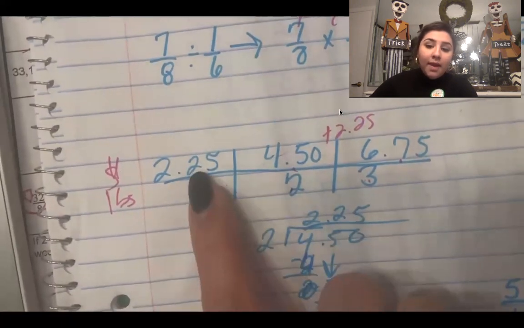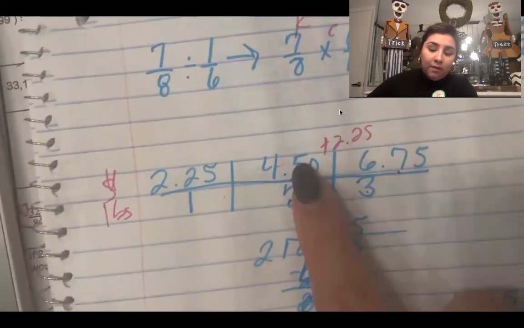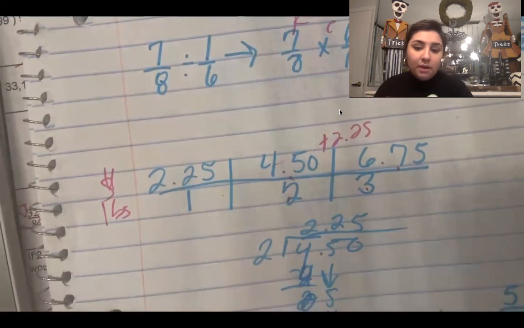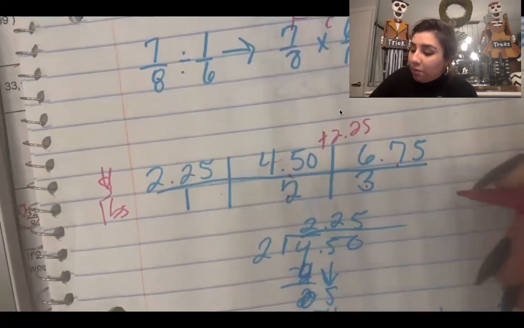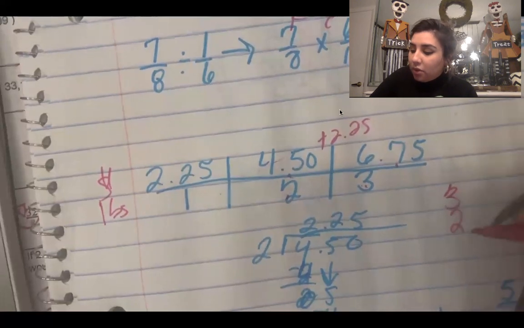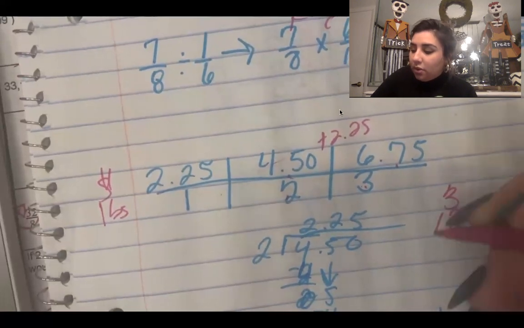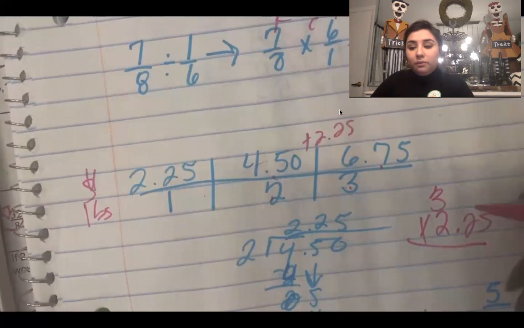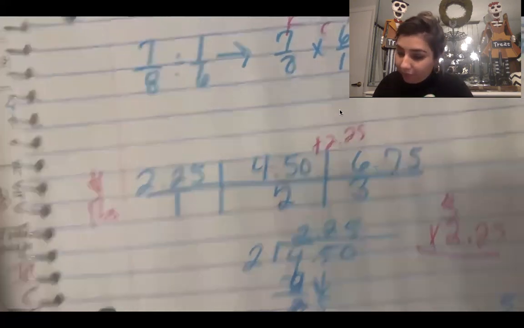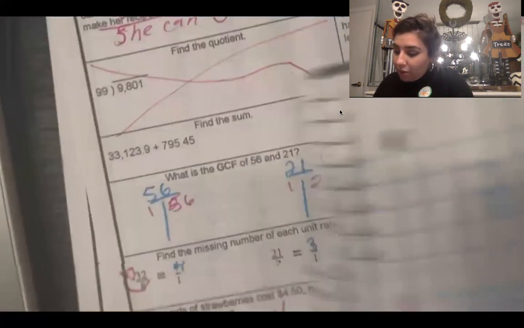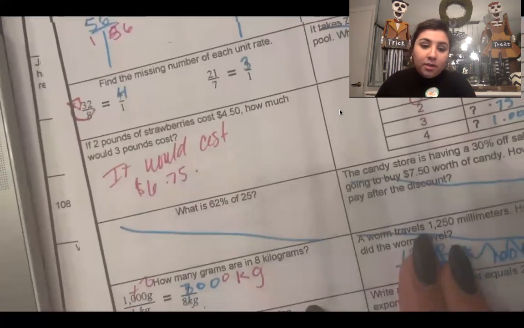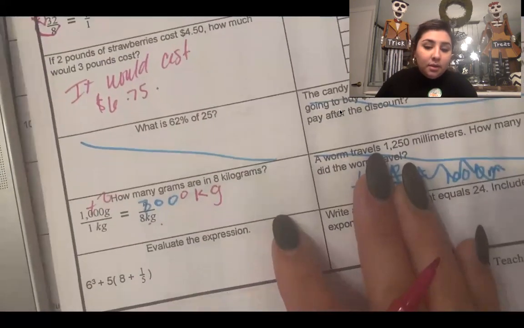So once we had that, I just added another $2.25 to this, which brought me to $6.75. Or you could absolutely multiply 3 by $2.25. You could do that as well. Absolutely. Okay. So your answer should read, it would cost $6.75.